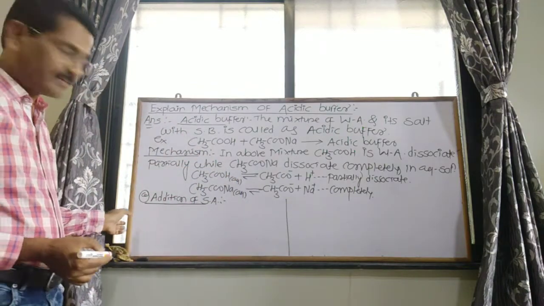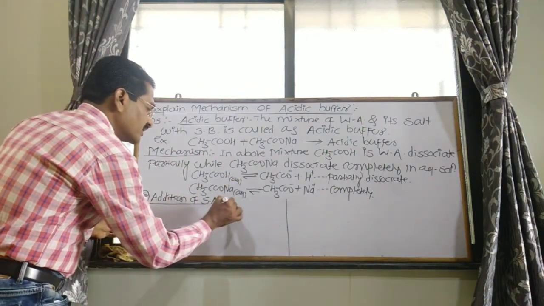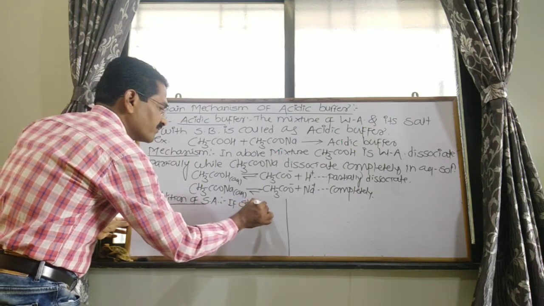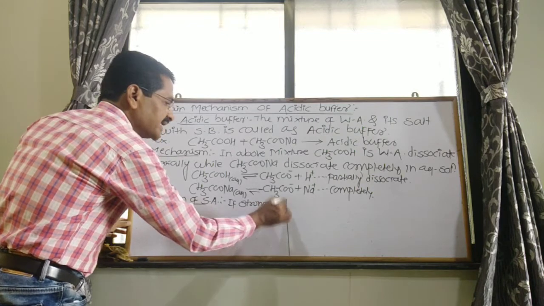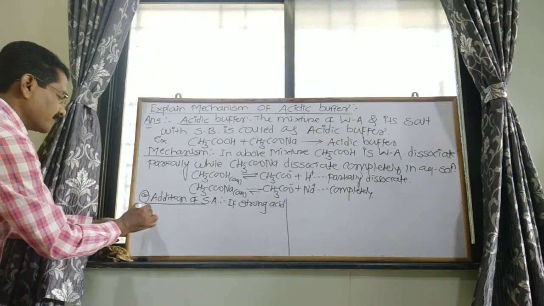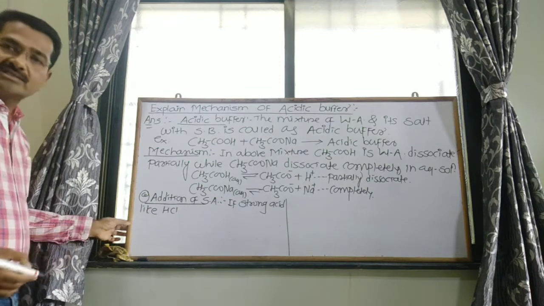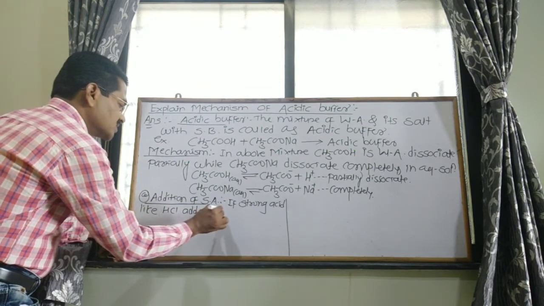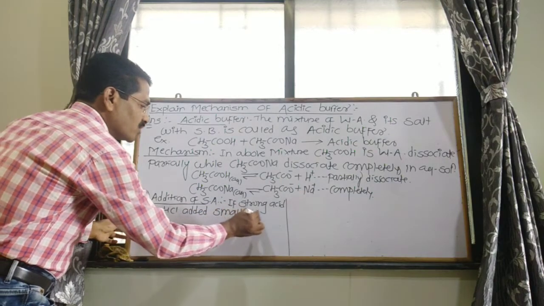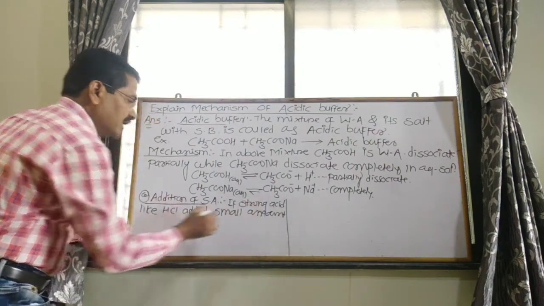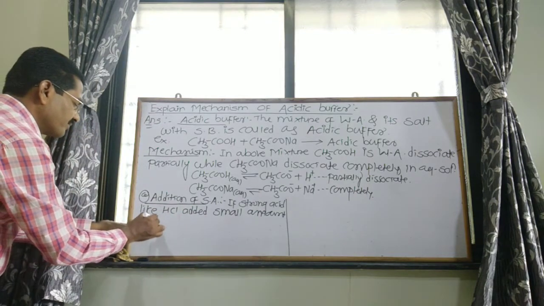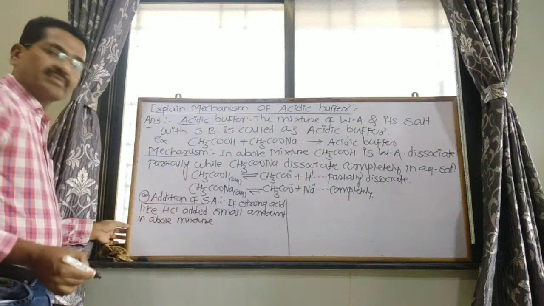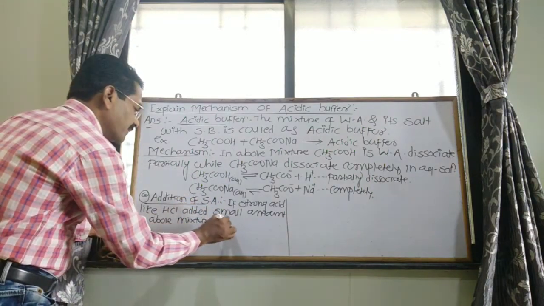Addition of strong acid: if a strong acid like HCl is added in a small amount to the above mixture, it dissociates completely.